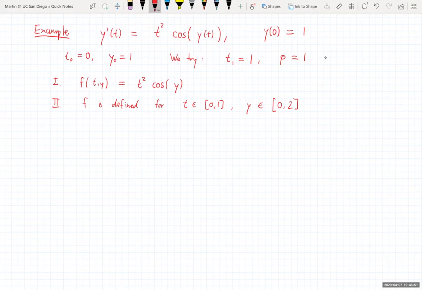Okay, it's defined for all the values for t and y taken from this interval. As a reminder, this interval from which you take t is just t naught to t1, and the interval from which we pick y is just y naught minus rho to y naught plus rho.